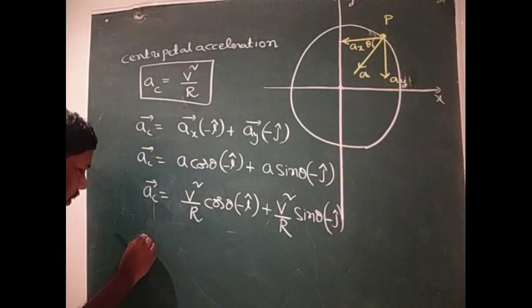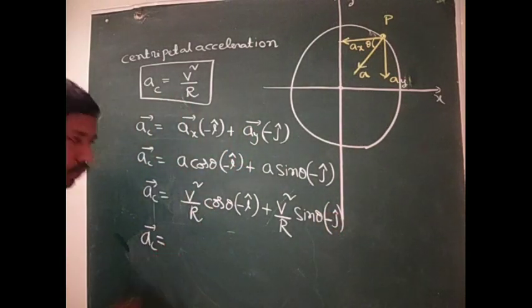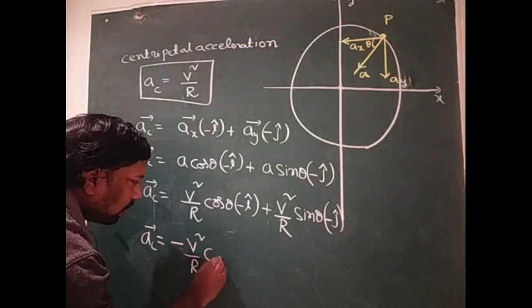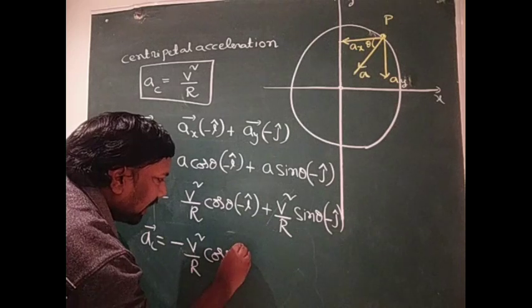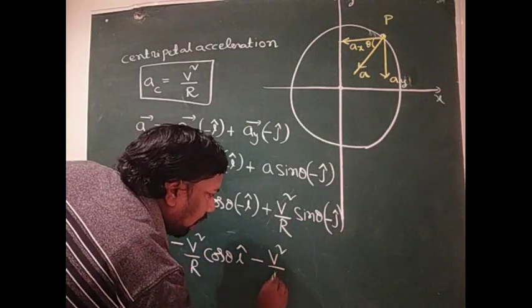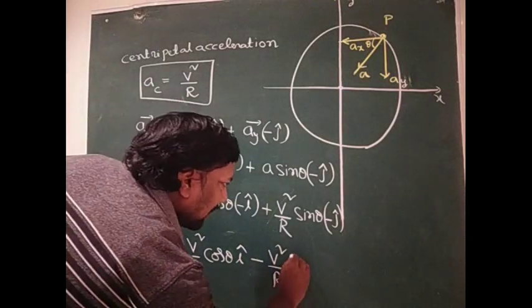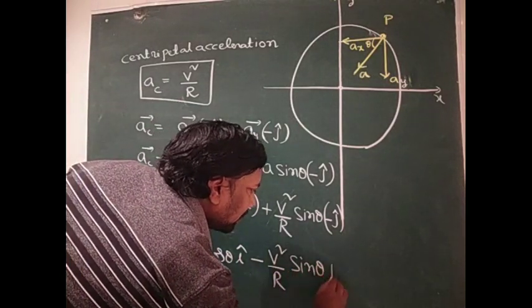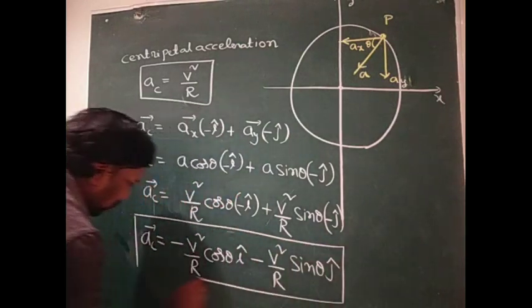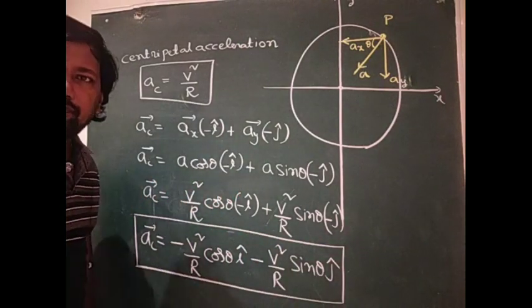So AC bar equals minus V square by R cos theta i cap, minus V square by R sin theta j cap. This is the centripetal acceleration of the particle P.